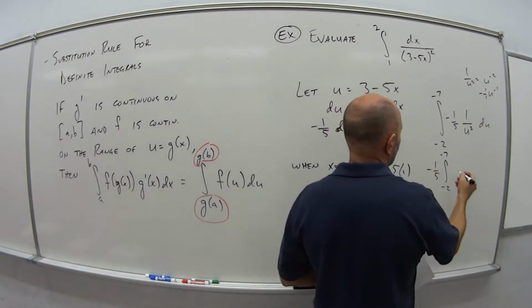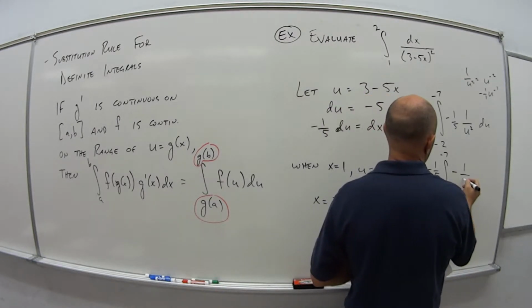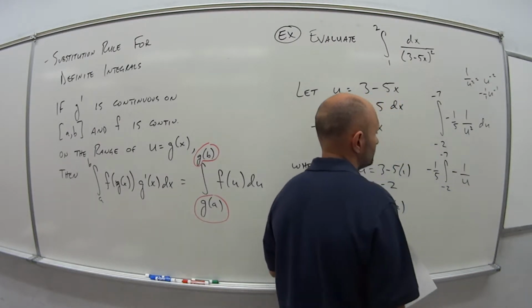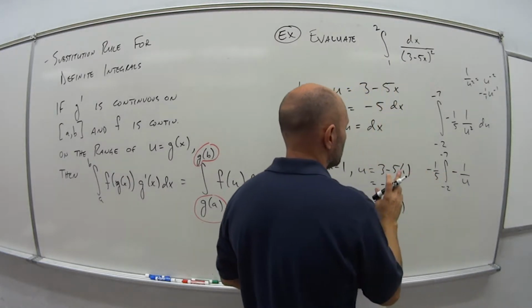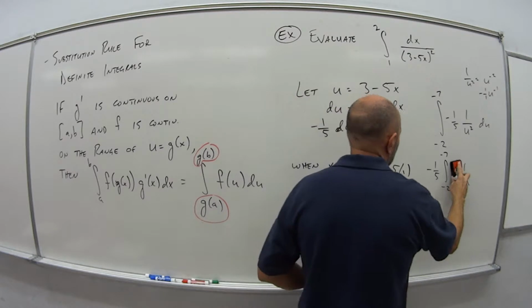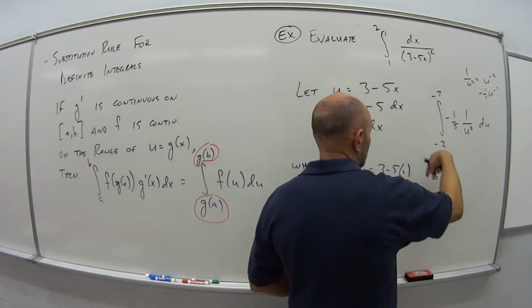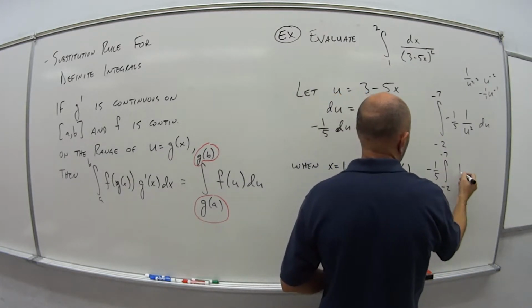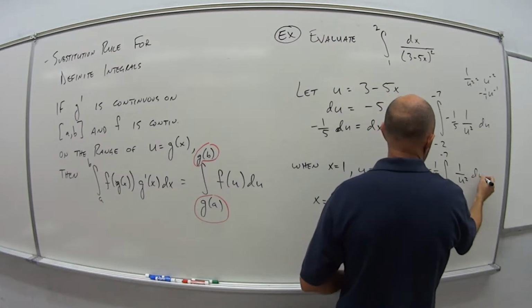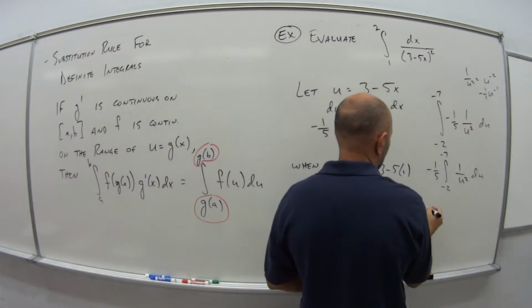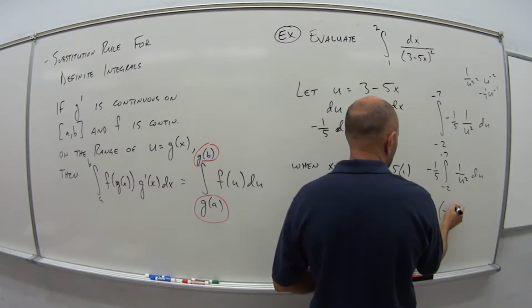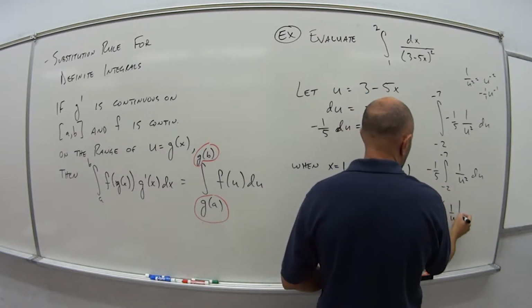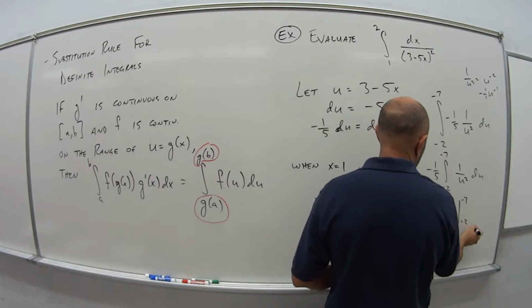So I get negative 1 over u. Actually, I kind of jumped steps there. All I did here was pull out the negative 1/5, so I have 1 over u squared du. And now when I take the integral, I get negative 1/5 times negative 1 over u, from negative 7 to negative 2.